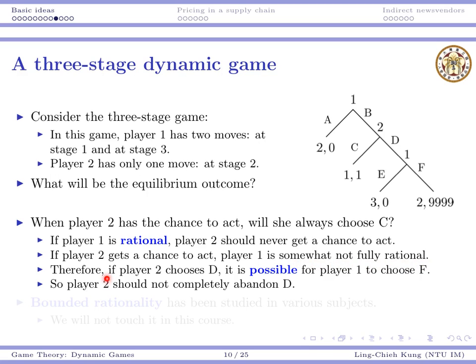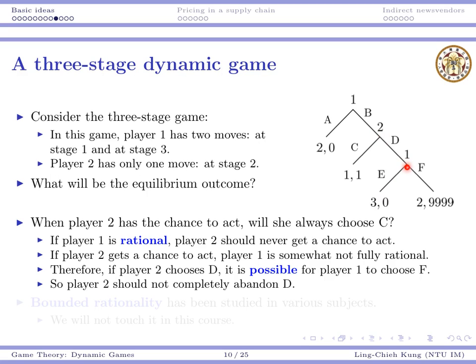So if player 2 has the chance to move, he somehow should not believe that player 1 is 100% rational. So if player 2 chooses D, again there is some possibility for player 1 to choose F, right? If player 1 is rational, player 1 chooses E. But because player 1 is not fully rational, there is something that we don't understand about player 1.